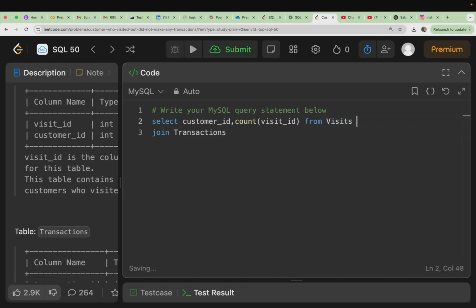We'll call this table V and this table T. Now we'll put the condition on V dot visit ID equals T dot visit ID.